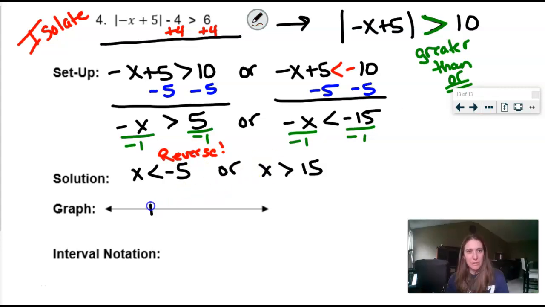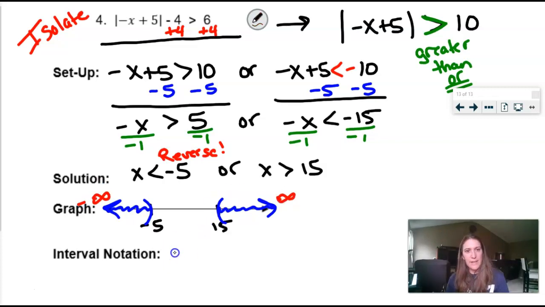All right, -5 would show up first on the number line. And remember, we have an or, so it should be kicking out like oars on a boat. Everything less than -5 would be this away, feeling like an oars on a boat, yep. And everything greater than 15 would be this away. So my solution in interval notation, think about the infinities.